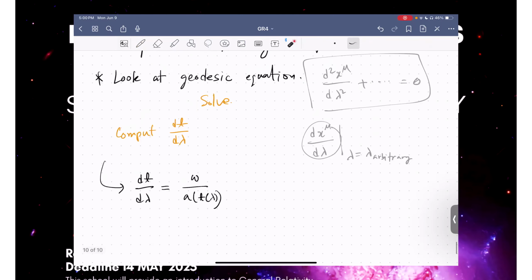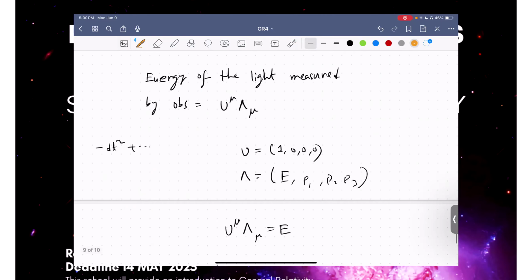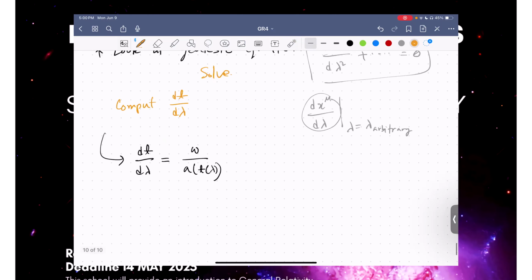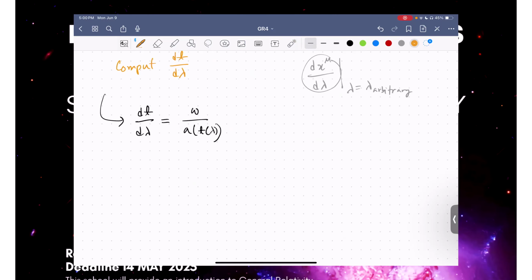And what we have computed here is this energy at these 2 different times. So at lambda 1, you have energy E1, and this is going to be given by omega over A of t lambda 1. E2 is omega over A of t lambda 2.